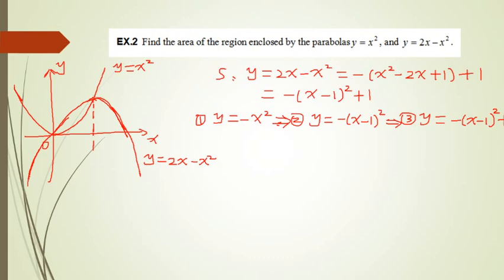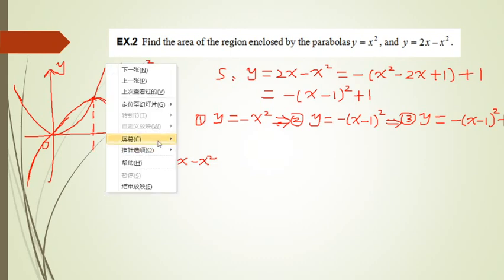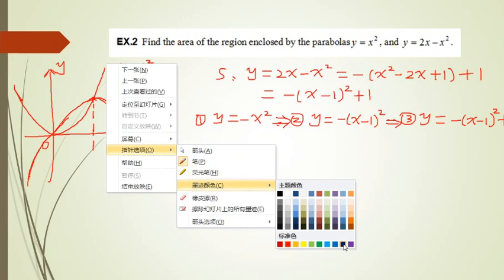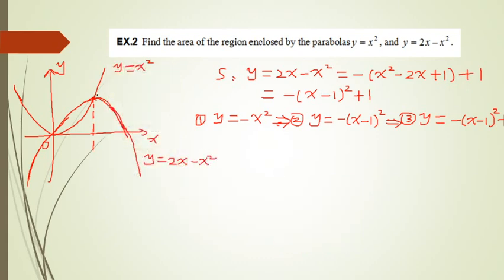So of course the vertex will be (1, 1), and that is actually an intersection of those two parabolas, because you can check that (1, 1) is on both parabolas. On the parabola y equals x squared, when x is 1, y is 1.